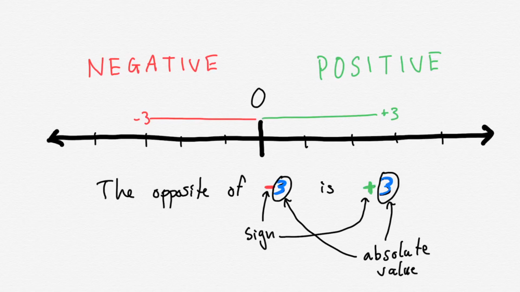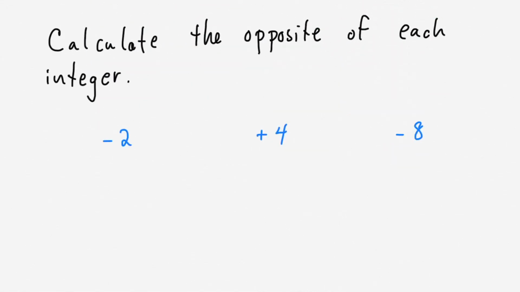So without using a number line, let's do 2 quick examples. Let's calculate the opposite of each of these integers. Just thinking about opposite integers, this -2 over here, remember the only thing that I have to think about is the sign of the number. So I'm going to change that negative into a positive, and then I'm going to copy the absolute value, and that's it.